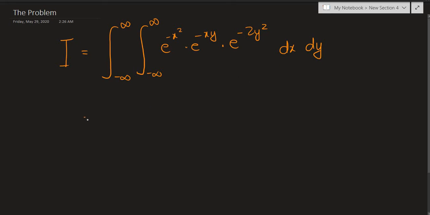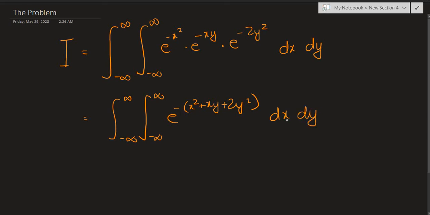So first of all, looking at all the e terms over here, let's just use some properties of exponents to club these terms together. So we have the outside integral, the inside integral, and then e raised to negative, we can take as a common, x squared plus xy plus 2y squared, and a dx dy.